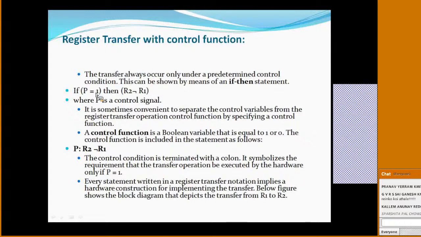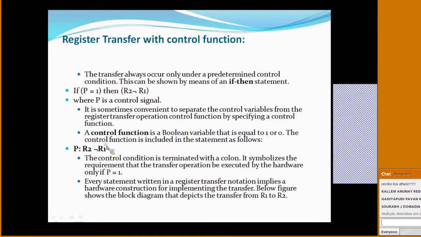Whenever P is 1, the transfer will happen.